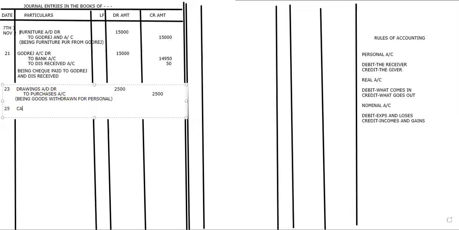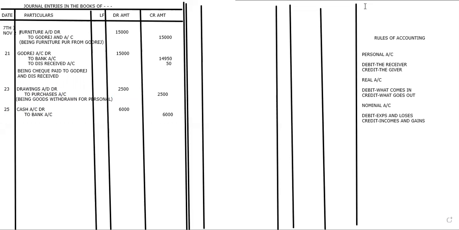Cash withdrawn means from the bank we get cash. So that's why cash account debit. From where is it coming? From bank. So that's why I'm going to write to bank account, 6,000. That's it. Paid salaries, you all know it. So this is done for problem number 7.